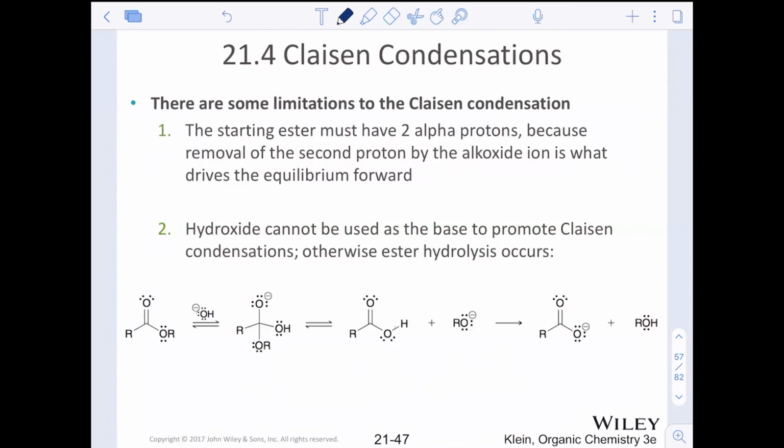We'd get competition with acyl substitution with the original compound itself. And so instead of an ester, we'd form a carboxylic acid, and then we'd neutralize all of our molecules by making the carboxylate ion. And we don't want to do that. So choose a base that is the alkoxide that matches your ester alkoxide.